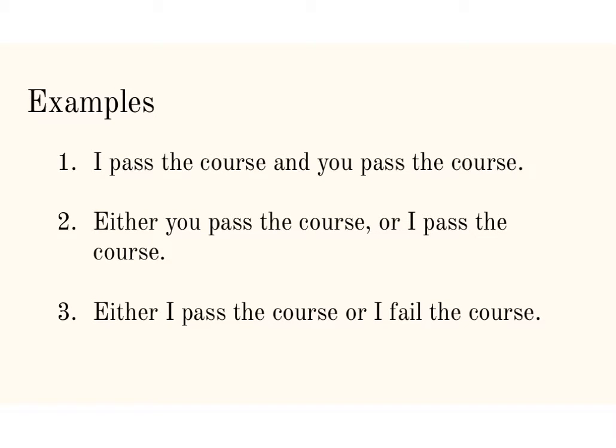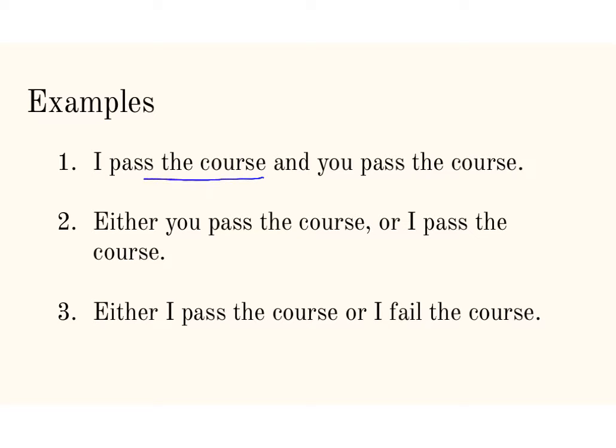Let's take some English language examples and break them down and try to express them in symbols and understand how to use what we've learned so far. So, I passed the course and you passed the course. Okay, so let's try to write this in symbols.